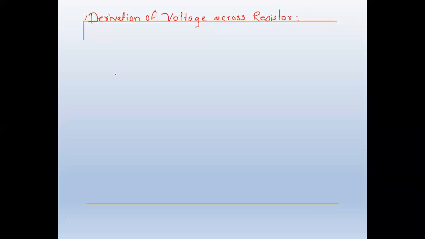Okay, so we have already drawn the circuitry. Let us redraw the circuitry so that you can understand the exact derivation of the voltage across the resistor.